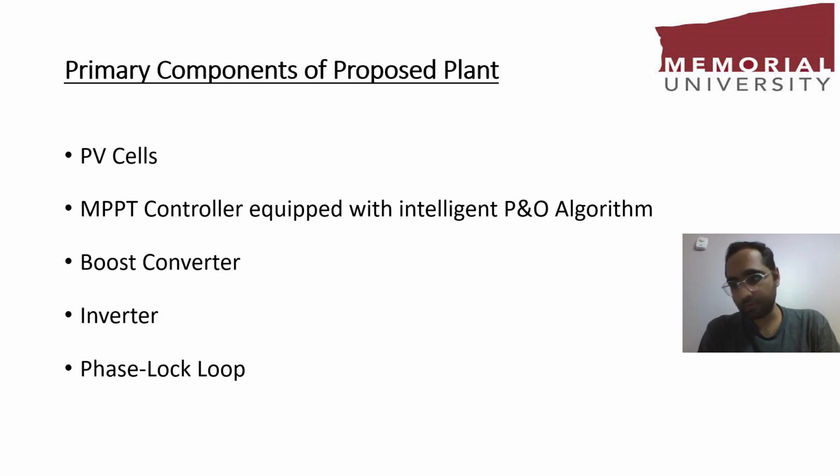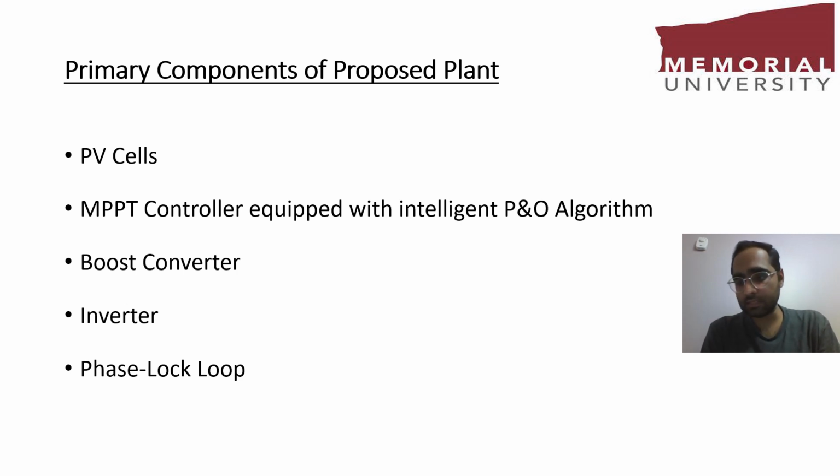And then obviously we deployed an inverter, which is converting the DC power generated by the PV cells. And then we have the phase lock loop, PLL, and its job is very critical, as we were discussing in the last slide.